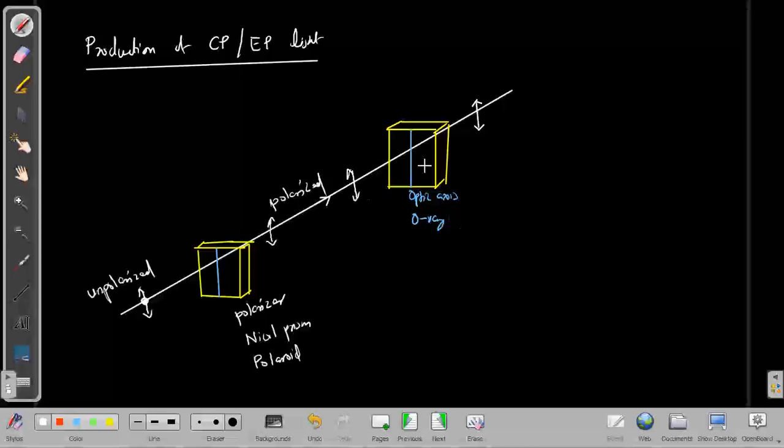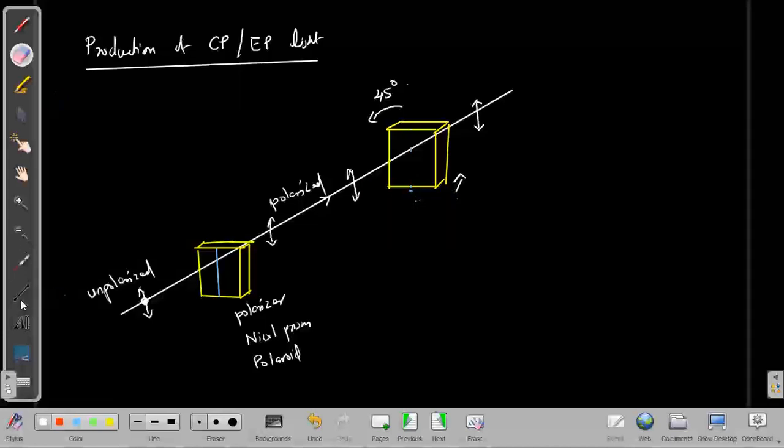So then how can you produce circularly polarized light? For that, we have to rotate this quarter wave plate by 45 degrees. If you rotate the quarter wave plate by 45 degrees, then this ordinary axis will rotate by 45 degrees. Now the incident light to the quarter wave plate is linearly polarized.